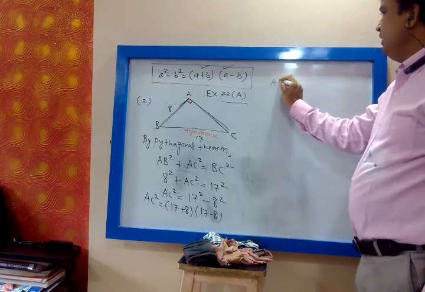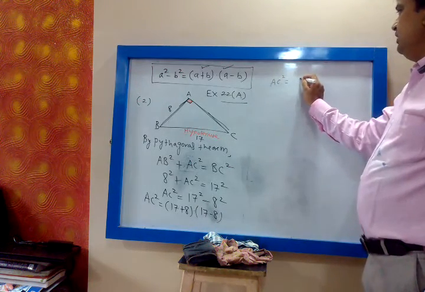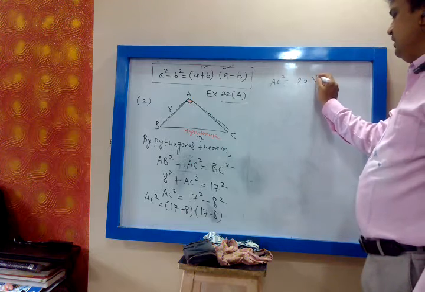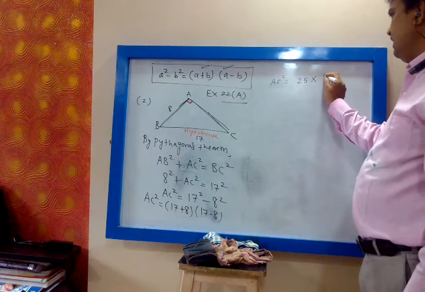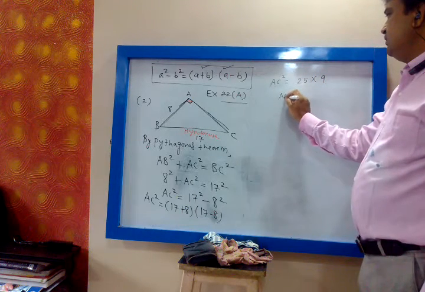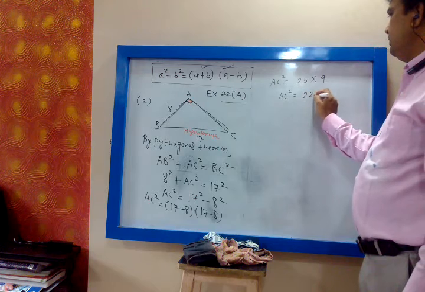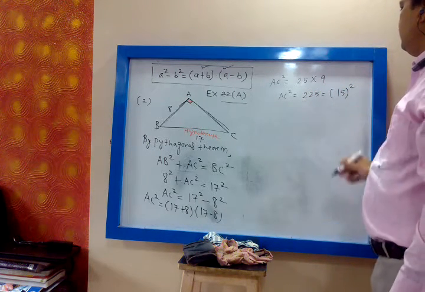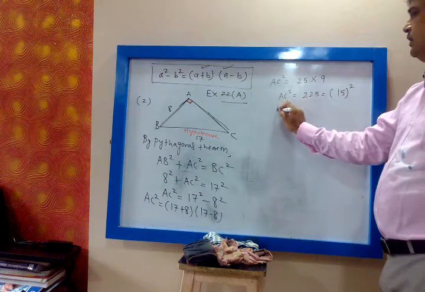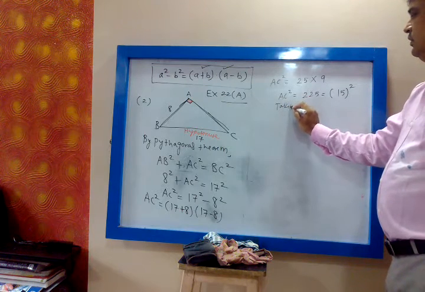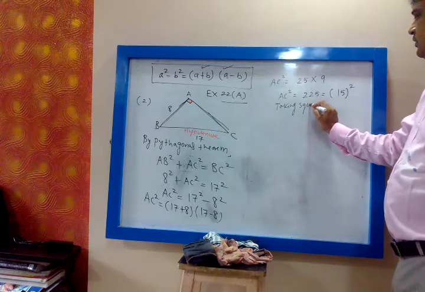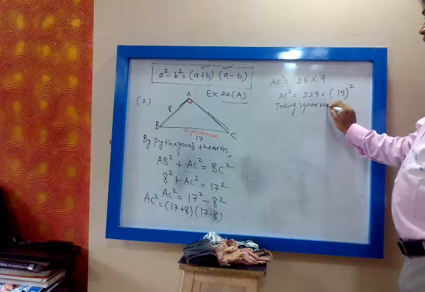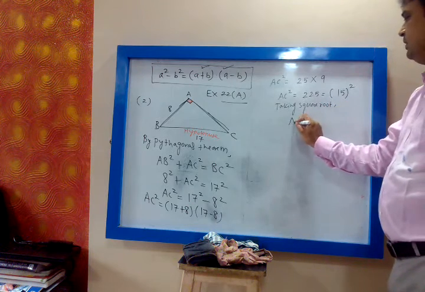Okay, so AC square is 17 plus 8, 25, into 9. AC square is 225. 225 is 15 square. So taking square root, you will get AC is equal to 15.